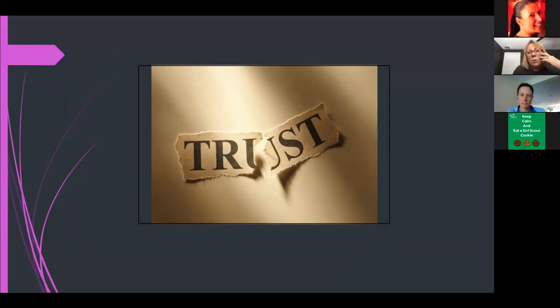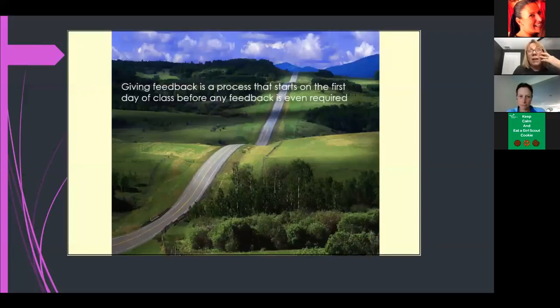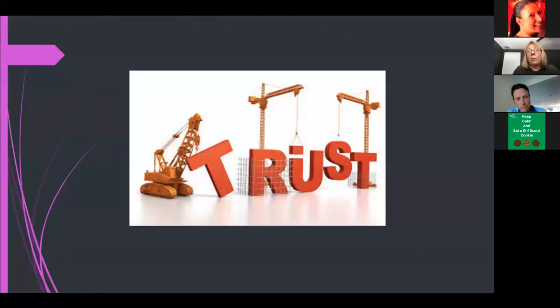So that broken trust really means that that's where we have to start. So the philosophy here is that giving feedback is a process that starts on the first day of class before any feedback is even required. And that's where the building of the trust begins, on that first day.